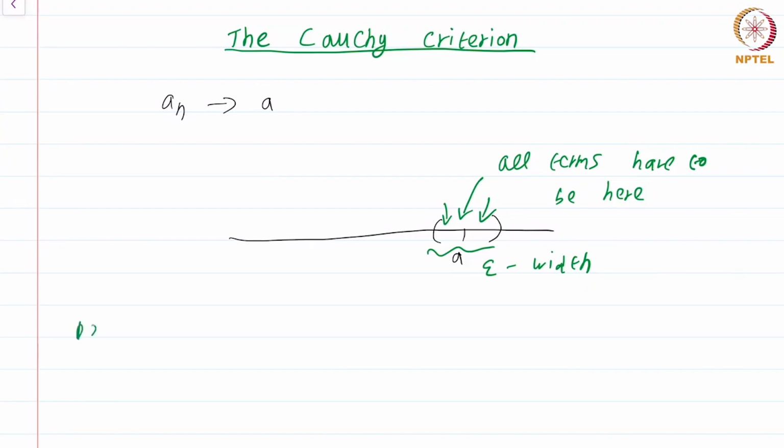Definition. This is the definition of a Cauchy sequence. Let a_n be a sequence.